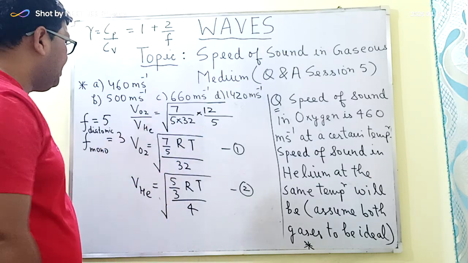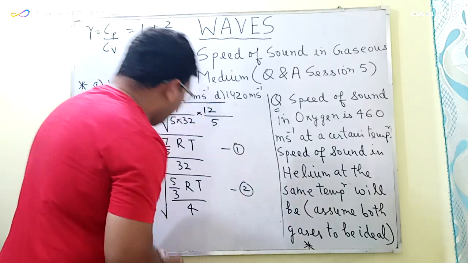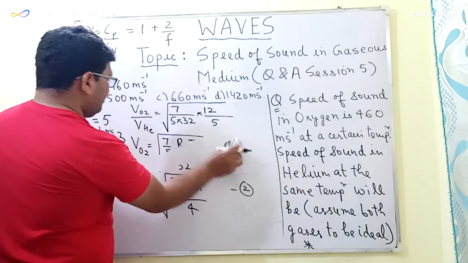So 12 will come in the numerator and 5 will go in the denominator.